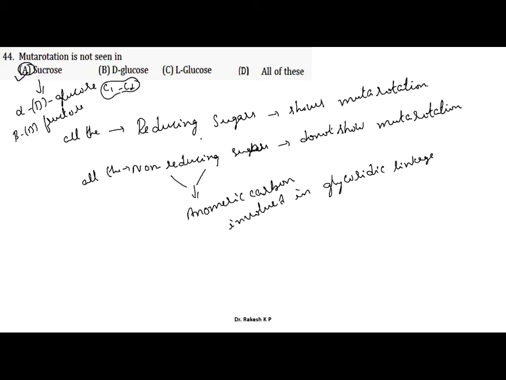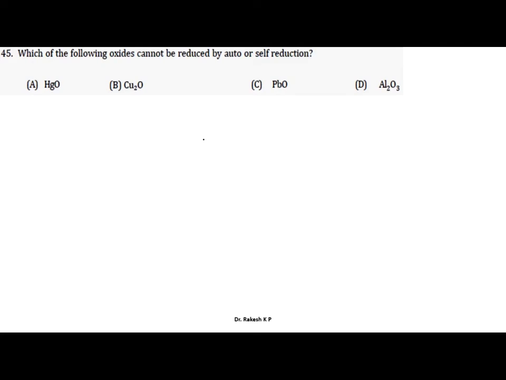Okay, see the next question. Which of the following oxides cannot be reduced by auto or self reduction? See this one here.